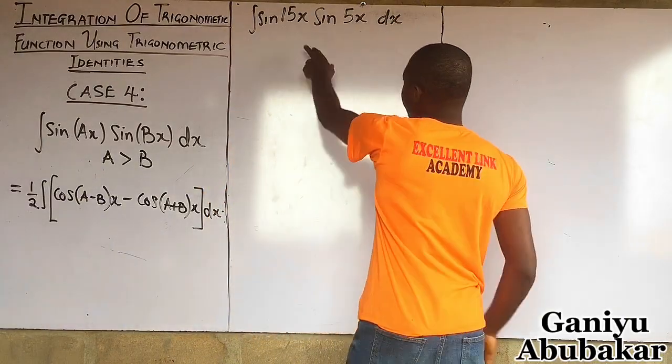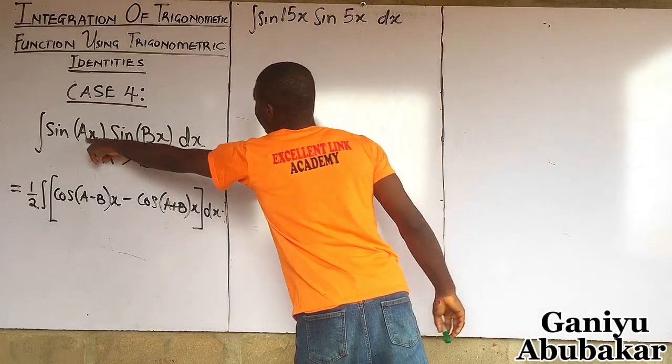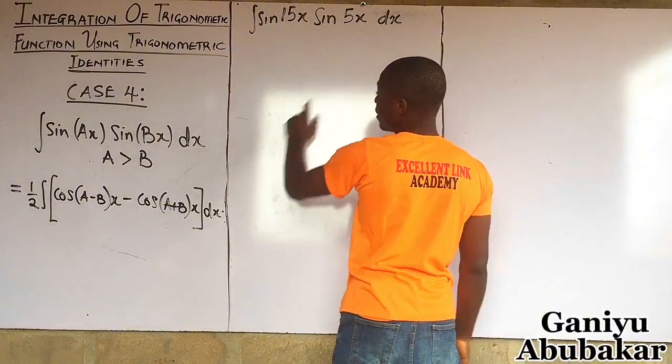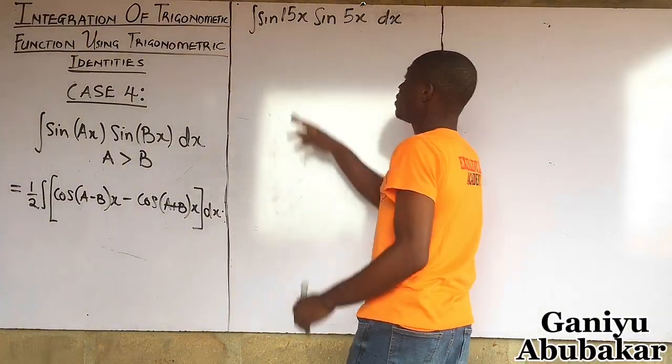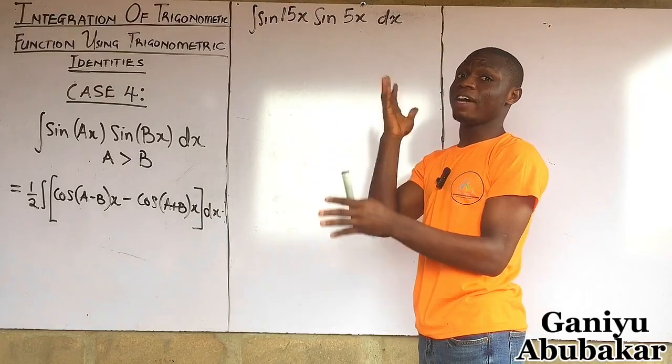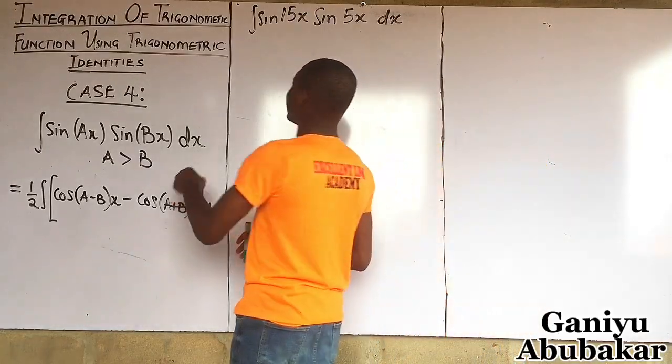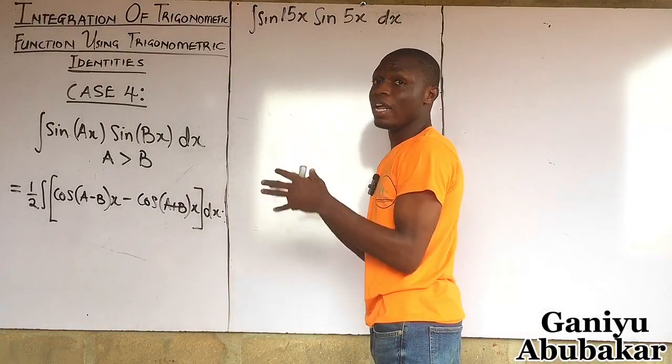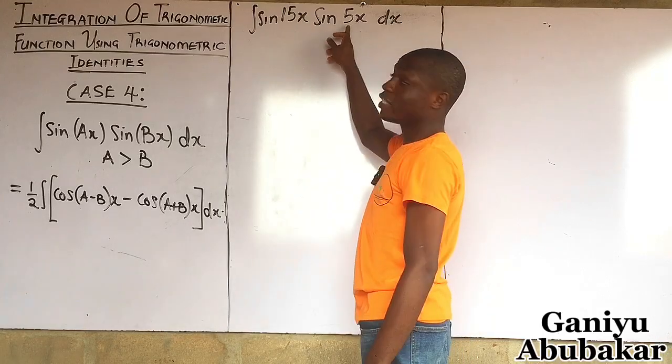Observe that 15 represents a here, and 5 represents b. And observe that 15 and 5 are not equal; 15 is greater than 5. So the idea is that this number must be larger in value than this number.